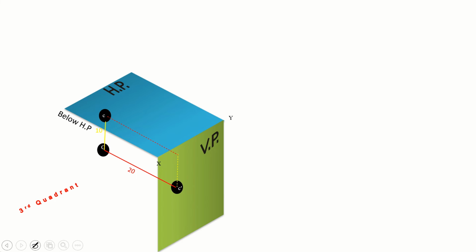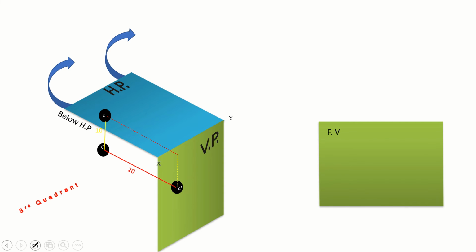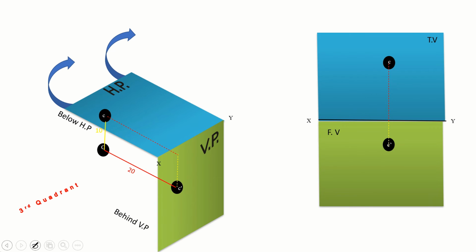As usual, we tilt the HP in the clockwise direction so that the front view is 10 mm below the XY line, and the top view is 20 mm above the XY line. This is the projection of a point in the third quadrant.